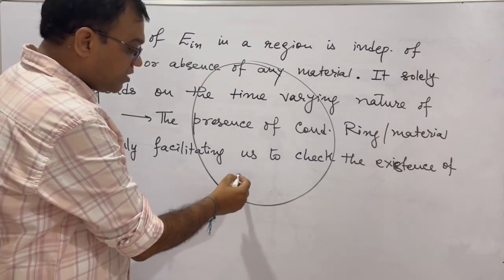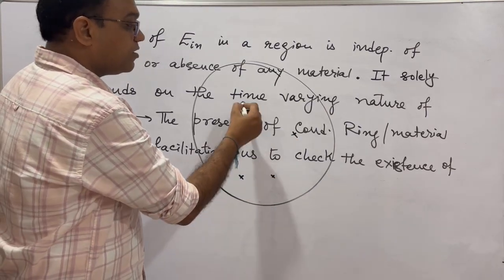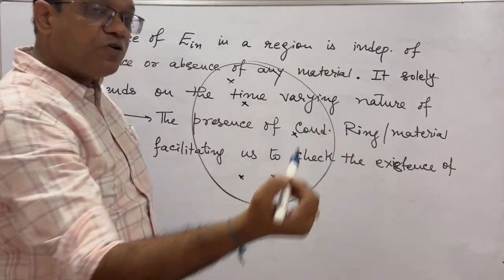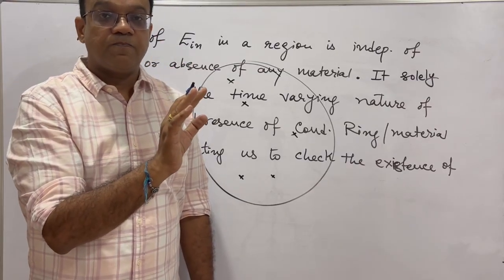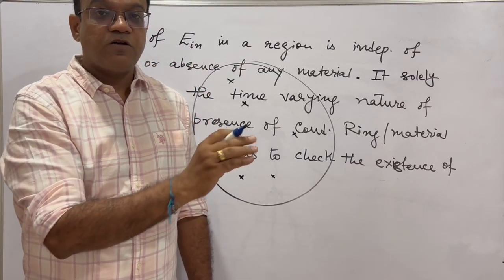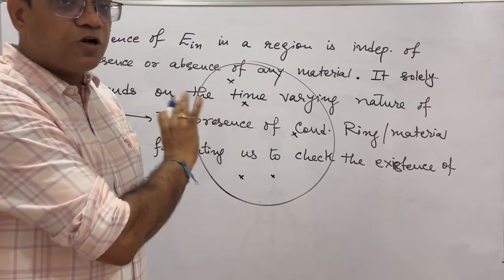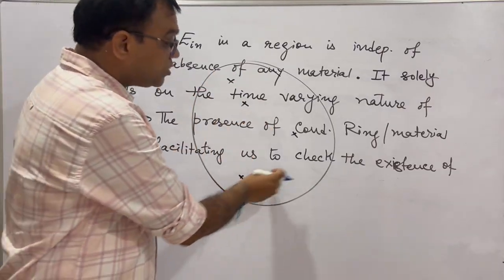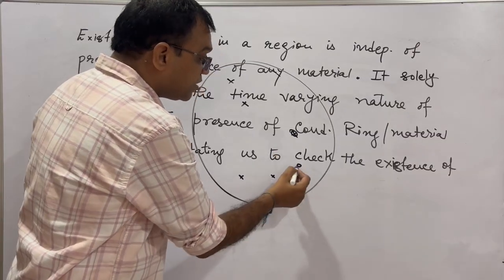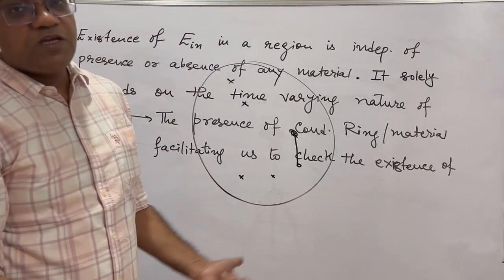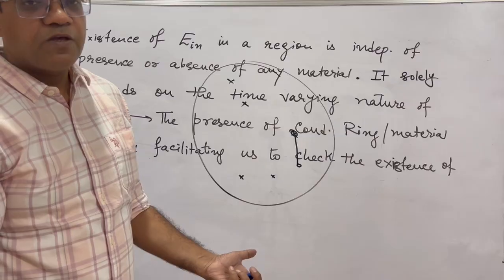Then here, at different points, induced electric field will be there. Whether the material is there or not doesn't matter. Induced electric field will be there. And if induced electric field is there between these 2 points, EMF can also be there.